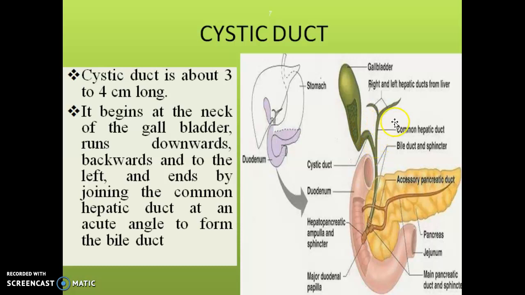This common hepatic duct is formed by the union of the right and left hepatic ducts. The duct formed by the combination of the cystic and common hepatic ducts is the common bile duct.